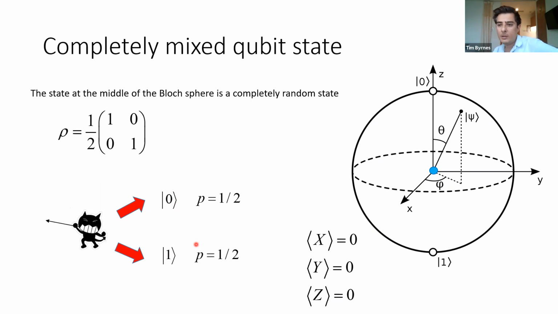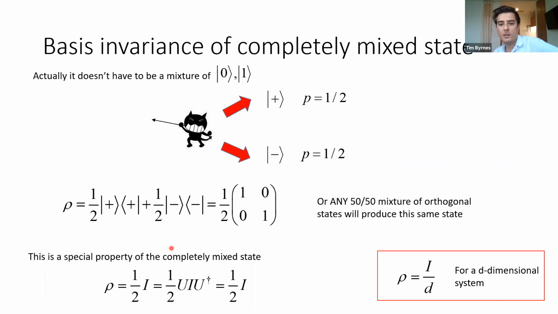But what the density matrix tells you is that even though the underlying states are different, the density matrix is the same. And what I think that means is that essentially these two cases are physically different.